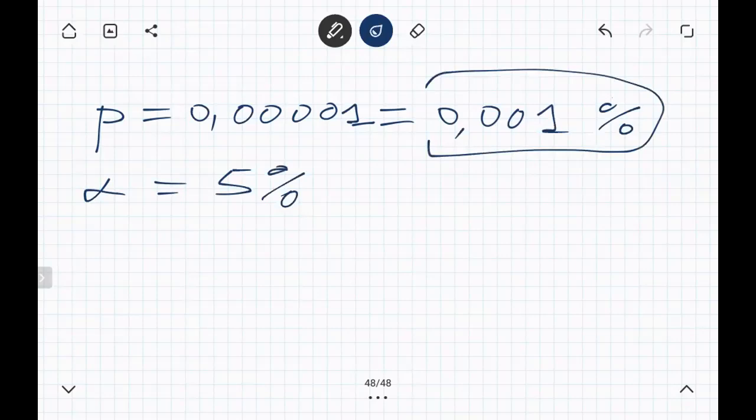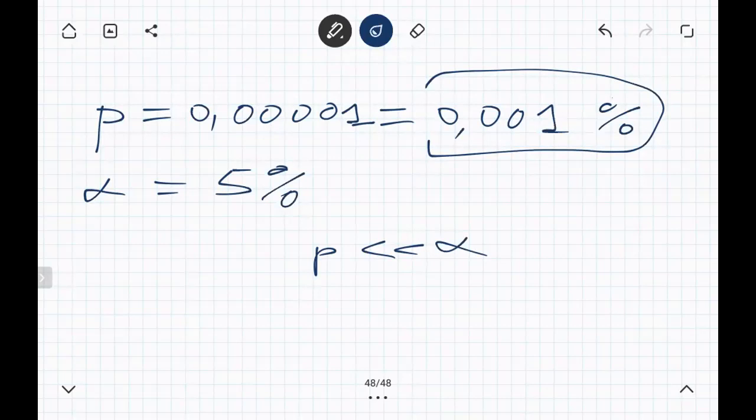So it's much less than our allowance, than our significance. And that means that the results of this test are very credible. You can be almost sure that it's correct, that you are not making a mistake.